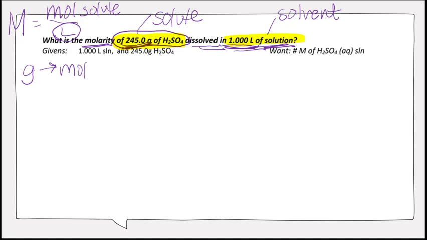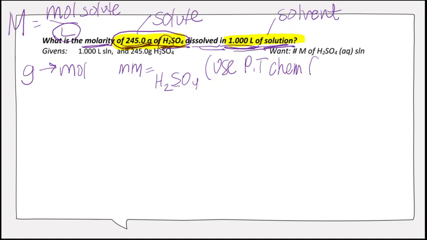Now, in order to do that, I need to find the molar mass of H2SO4. And the molar mass of H2SO4, we're going to use the periodic table, and we're going to add up 2 hydrogens, 1 sulfur, and 4 oxygens molar mass. So we always use the periodic table. Use the periodic table and look up the chemical formula to find this.